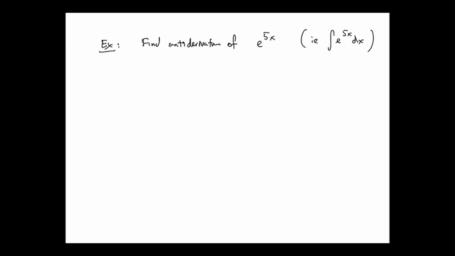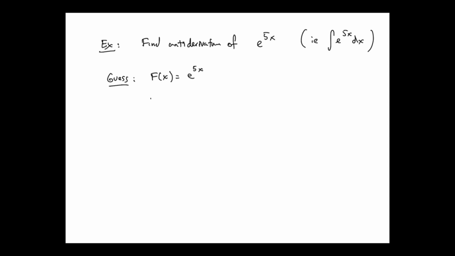So this one's simple enough that, well, what would the derivative of e to the 5x be? e to the 5x times 5, for the derivative. And the times 5 is there because of the chain rule, right? And so if we think, all right, let's just say we guessed that e to the 5x was the antiderivative.